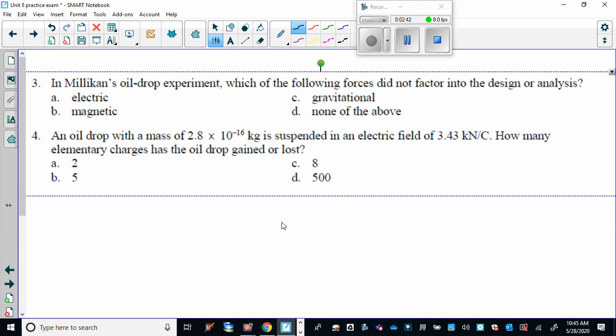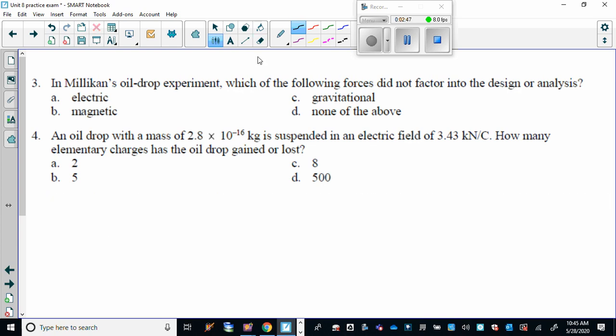Number 3, in a Millikan oil drop experiment, which of the following forces did not factor into the design or the analysis?